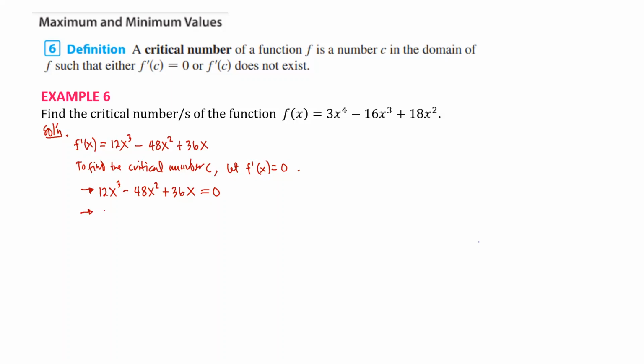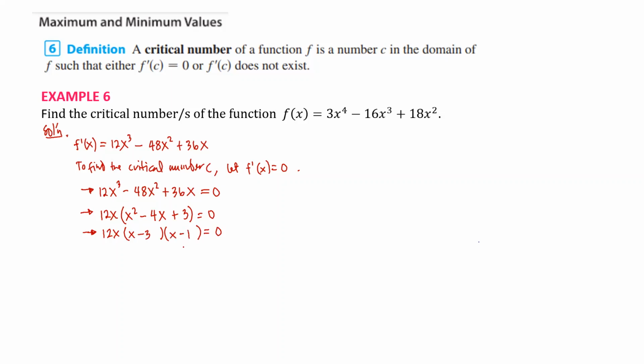To do that, we can first factor out the common factor, which is 12x. Then we have x squared minus 4x plus 3 equal to 0. Continuing with factoring, you have 12x times (x minus 3) times (x minus 1).